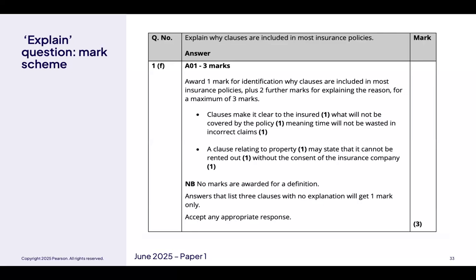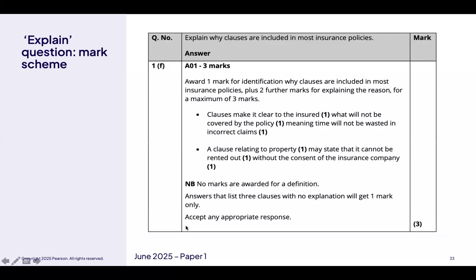Note, please, no marks for a definition. No marks for a definition. Answers that list 3 clauses with no explanation will get 1 mark only. What we are after in these explain questions, and by the way, in other types of questions, are those linked strands of development.